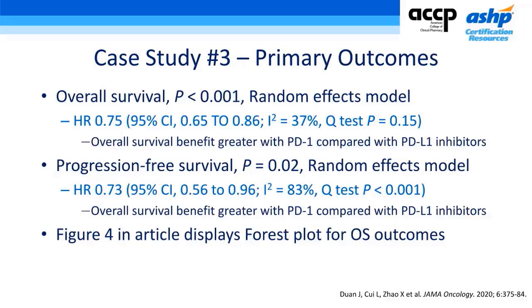This slide shows the results for the primary outcomes. Overall survival, they used a random effects model. The I-squared was 37%, hazard ratio 0.75, with a confidence interval 0.65 to 0.86. And so overall survival benefit was greater with PD-1 compared with PD-L1 inhibitors.